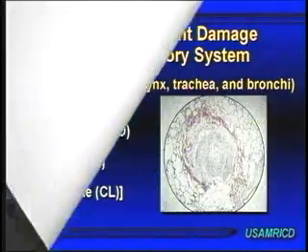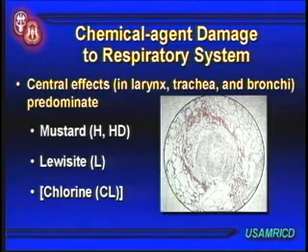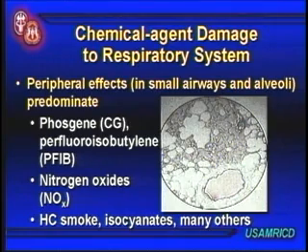The other thing that's important to know about lung agents, just as an introduction, is that apart from the vesicants that have lung effects, that is mustard and lewisite, and apart from chlorine, which acts both centrally and peripherally, and apart from the classic World War I peripherally acting agents such as phosgene, diphosgene, and chloropicrin, there are a variety of other compounds that, although not normally classified as chemical warfare agents, nevertheless act in almost the same way and can be encountered in a civilian setting or in a military setting, but not on the battlefield.